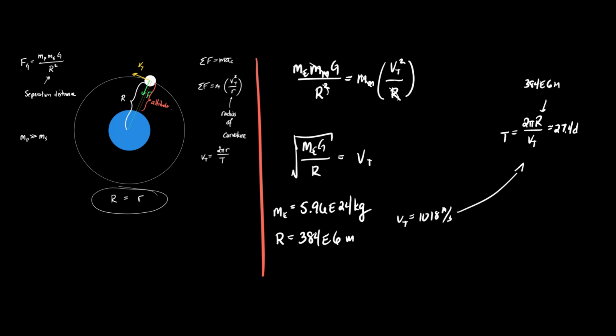This would be full moon when we're behind the Earth, right? So 27.4 days, but now the Earth has moved 1/12 of its orbit. So if we want to get back to a full moon, we'll have to wait a little longer to line up with the sun again, right? Because the Earth is going around in its circle. So it takes a little bit longer to go full moon to full moon than our actual orbital period.